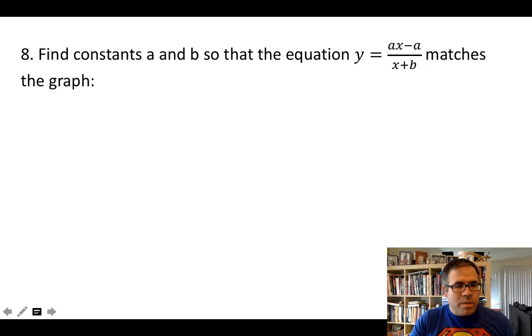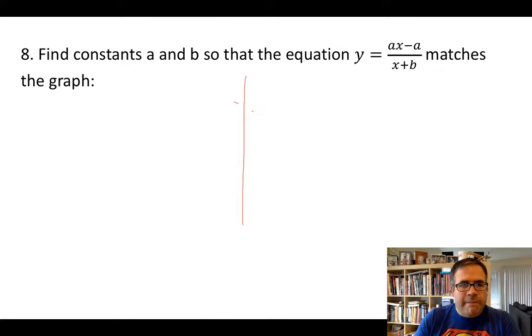Okay, this one, because it was hand-drawn, I don't have in the electronic copy, but you need to find constants a and b so that the equation y equals (ax minus a) over (x plus b) matches the graph. Now the graph is always going to look something like this. It always is going to have to go through this point.